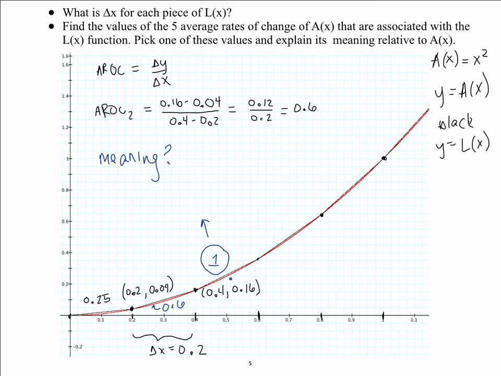Okay, so you had a lot in there. That was good. So the meaning of this value 1, it is the constant rate of change for the L of x function in the third interval. Okay, and it yields the same change in area as the A of x function does over this third interval. Okay.